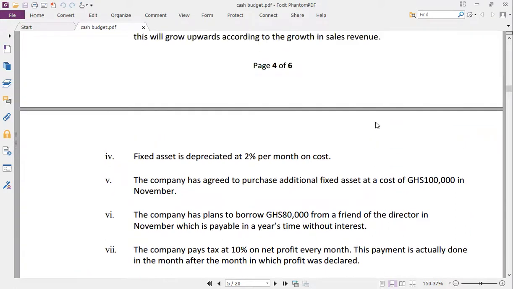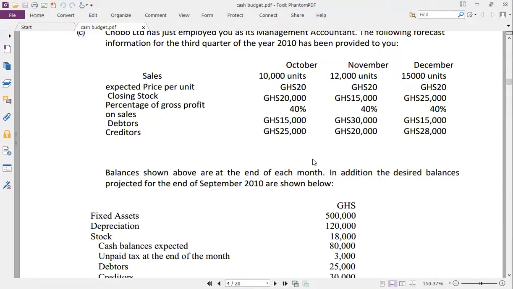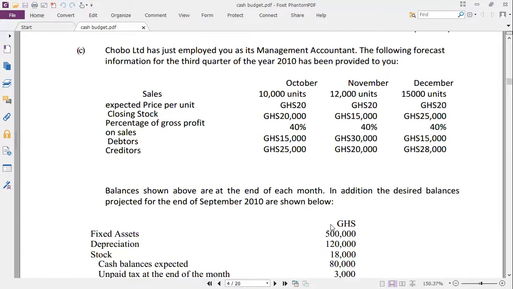Now note 4 stated that the fixed asset is depreciated at 2% per month. That's a great job. 2% per month on cost. So find 2% of the fixed asset of 500,000, then that's the depreciation charge for each month.